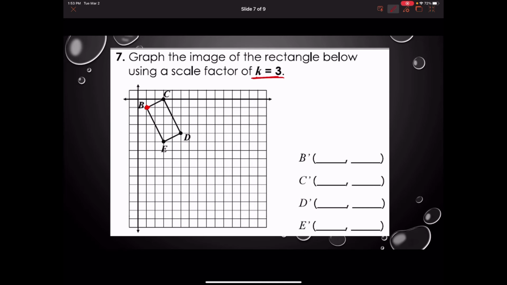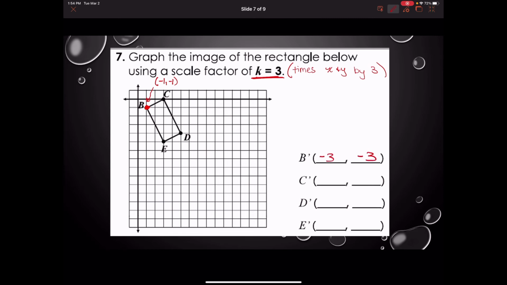I know that this ordered pair here right now is -1, -1. Okay, so if I multiply that by 3, because my scale factor here says times x and y by 3, I end up with -3, -3.